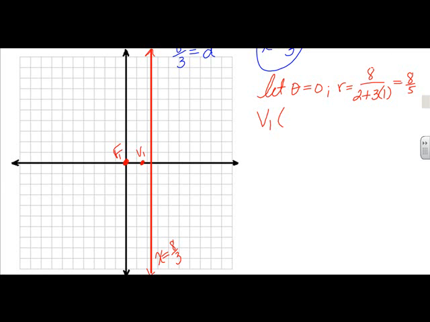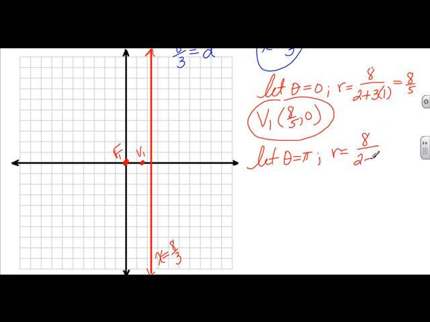Okay, letting theta be equal to pi, we get r is equal to 8 over 2 plus 3 times negative 1. That gets me an r value of negative 8. So the polar form is negative 8, pi. So the rectangular form for the second vertex is negative 8, 0.